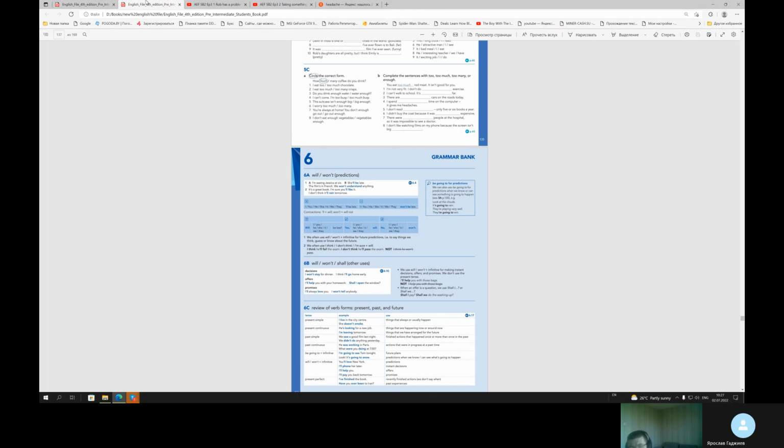Number 5. I don't read enough. Only 5 or 6 books a year. I didn't buy the coat because it was too expensive. Too expensive. Okay. Number 7.